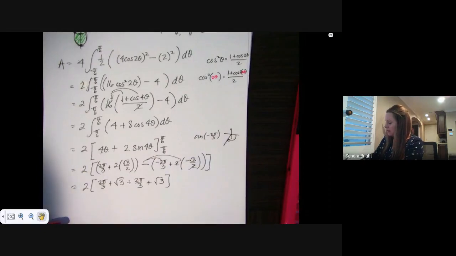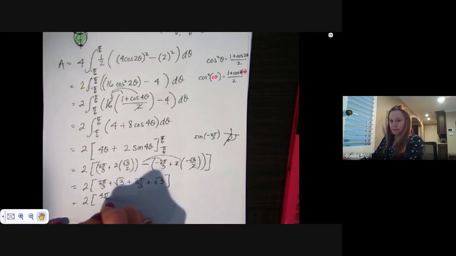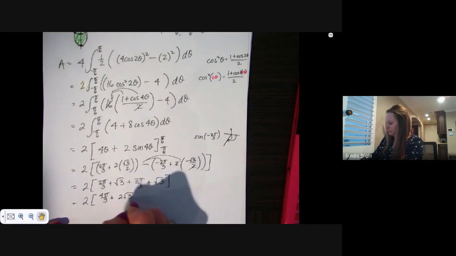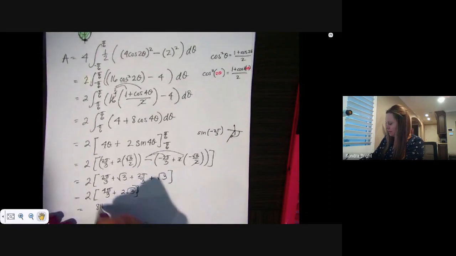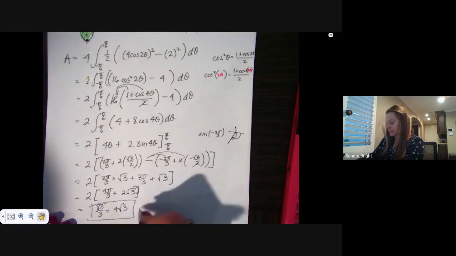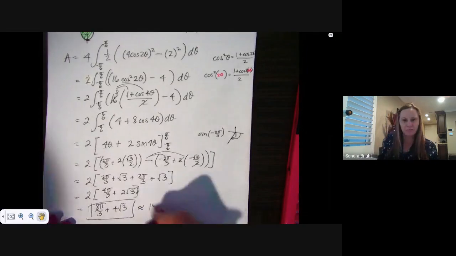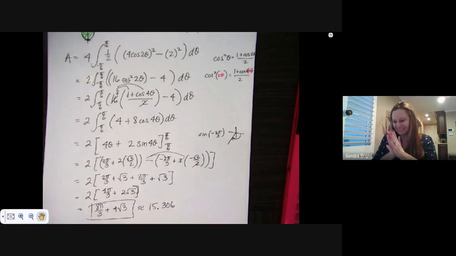So that's a 2 times 4 pi over 3 plus 2 radical 3. Distributing the 2, 8 pi over 3 plus 4 radical 3. If you have a slightly different answer, but the decimal approximation is 15.306, and you did it right.